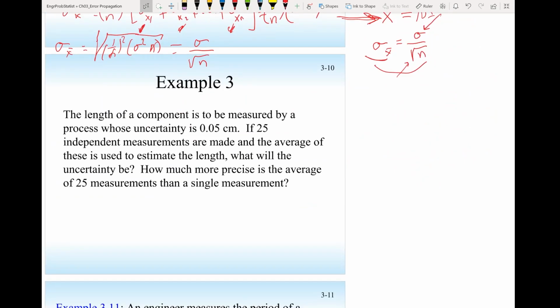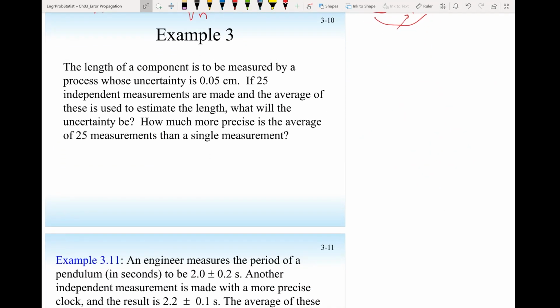Let's look at this example. The length of a component is to be measured by a process whose uncertainty is 0.05 centimeter. If 25 independent measurements are made and the average of these is used to estimate the length, what will the uncertainty be? So you make 25 measurements, x1, x2, all the way to x25, and the instrument has an uncertainty, or standard deviation, of 0.05.